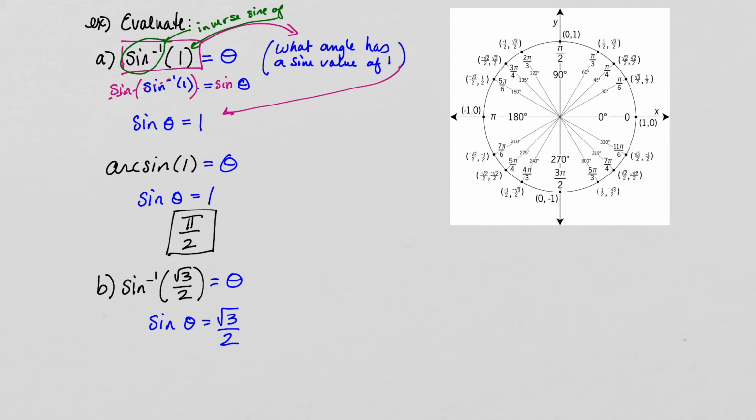Okay, pi over 3. And is that the only place? Somebody else said it also happens at 2 pi over 3. So the sine is equal to root 3 over 2 here, but it also happens to be here. This is why at the beginning we restricted where we were looking to quadrants 1 and 4, because otherwise you get two answers, and you can't ever get two answers out of a function.